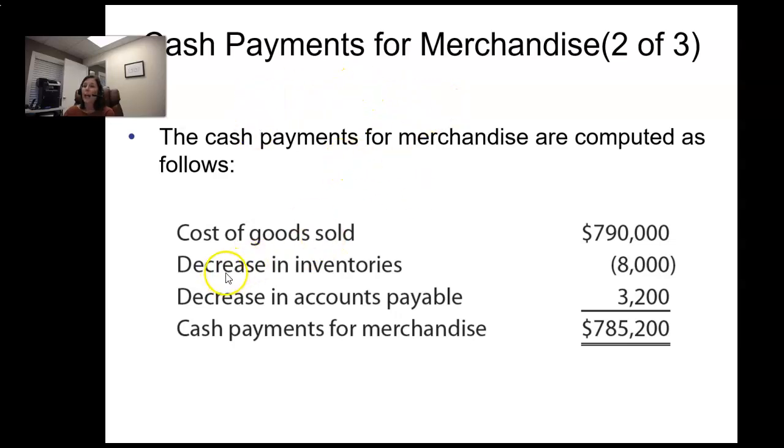But we had a decrease in our inventory, and so we're going to subtract that from our cost of goods sold, and our accounts payable went down. That gets added back in. We have cash payments for merchandise, I should say, of $785,200. And that's how we adjust our cost of goods sold to what we actually paid for our merchandise.